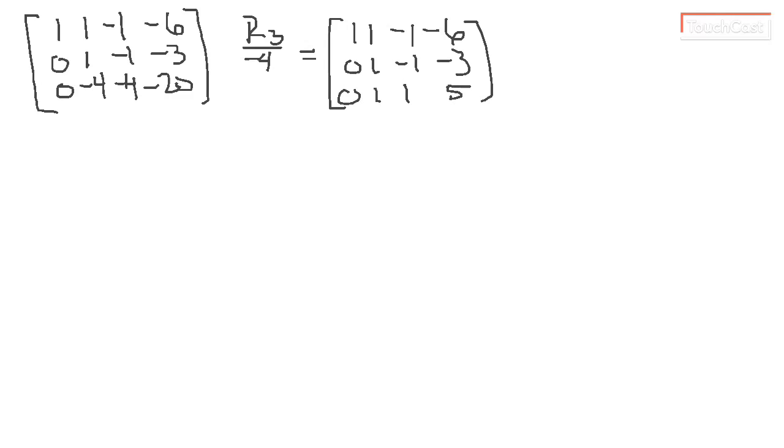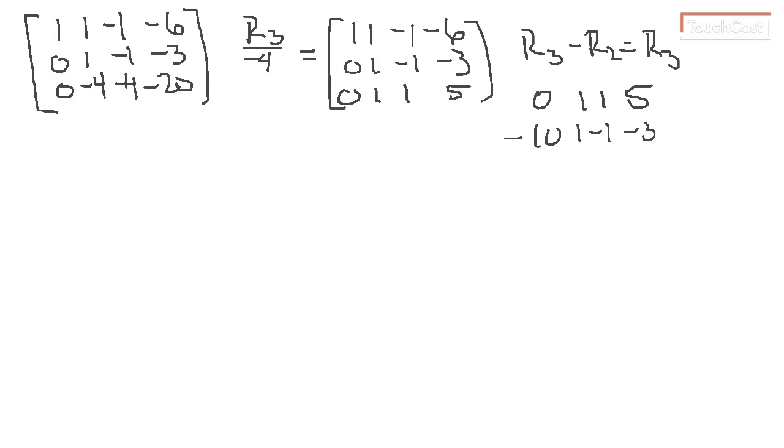What I'm going to do next, I'm now going to go R3, row 3, minus the second row to give me a new third row. So I'm going to go 0, 1, 1, 5 minus 0, 1, negative 3.